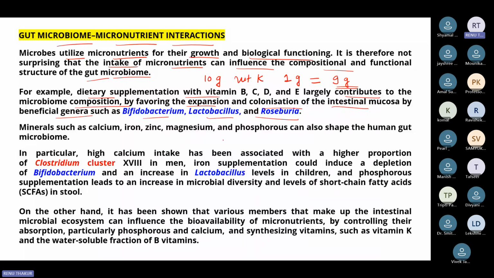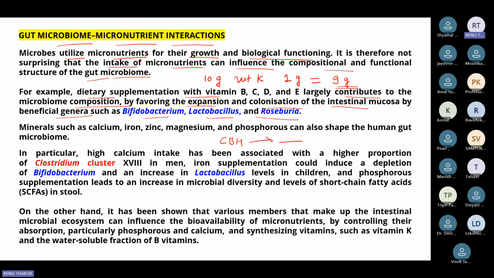For example, if you are providing a carbohydrate rich diet, then the bacteria capable of degrading carbohydrate will grow, not the protein degrading bacteria. So the microbial diversity in your microbiome depends on what you are feeding your body, what kind of substrate you are providing to your body.